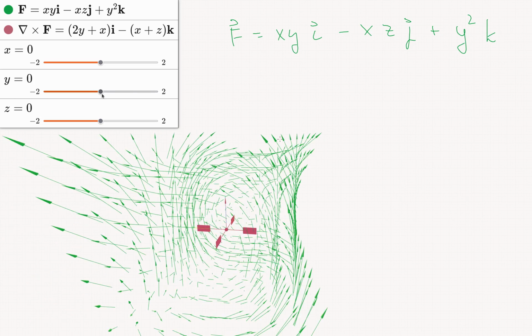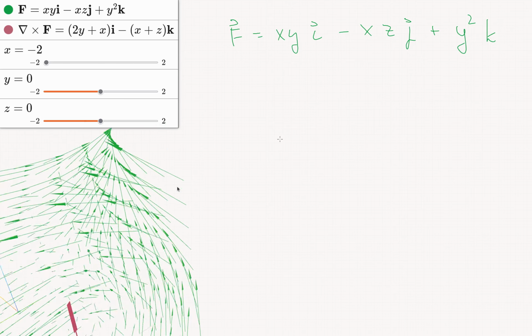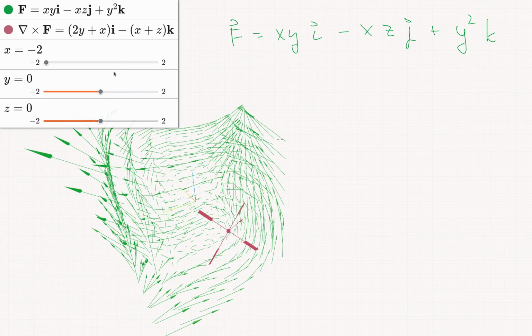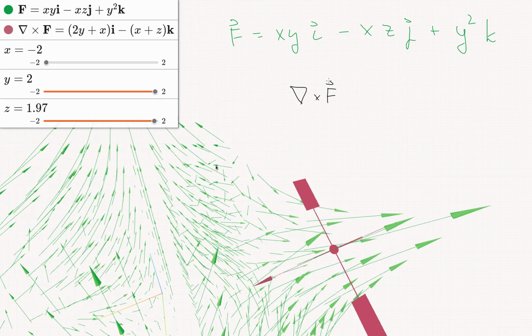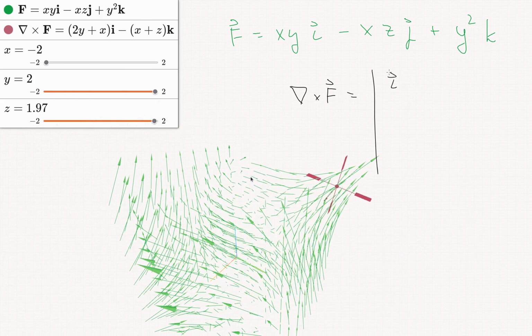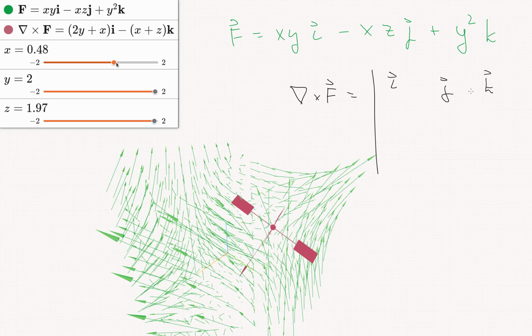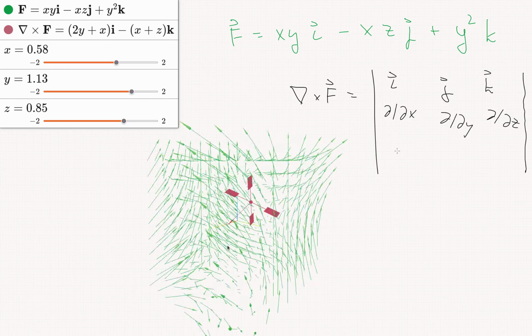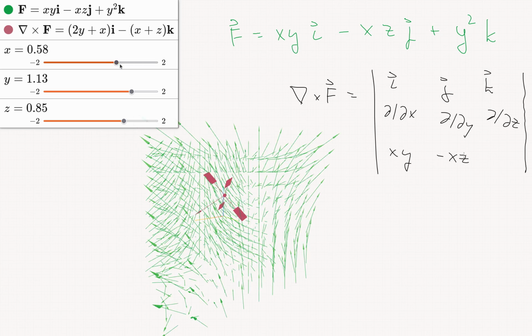And I've illustrated that, and I've also put a paddle wheel in. You can move that around, and it'll rotate in the physical way that it would actually rotate. Okay, so let's calculate the curl of this. Curl of F is the determinant of i j k, ∂/∂x, ∂/∂y, ∂/∂z, and then xy, negative xz, y squared.